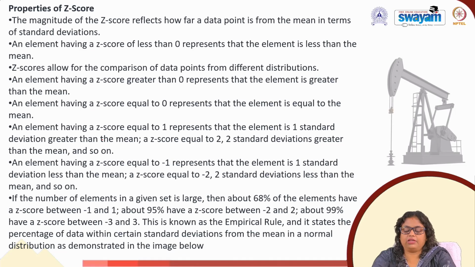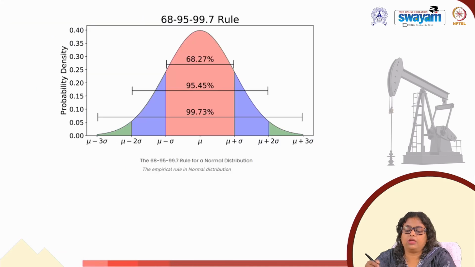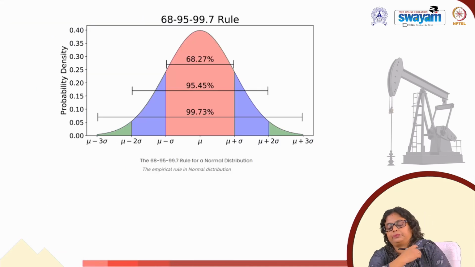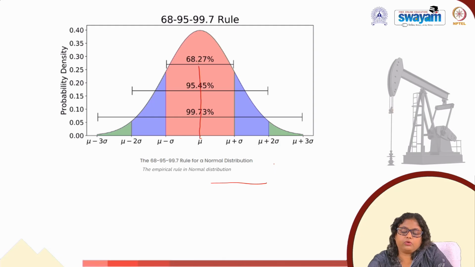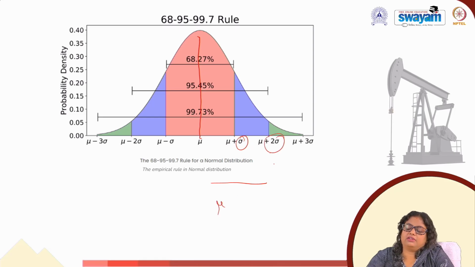The properties we have already talked about. The magnitude of a Z score reflects how far a data point is from the mean, in terms of the standard deviation, positive and negative. Now here you can see a normal distribution. At the center you have the mean, and then you have the standard deviation. So on this side you have the positive: mu plus 1 standard deviation, 2 standard deviations.